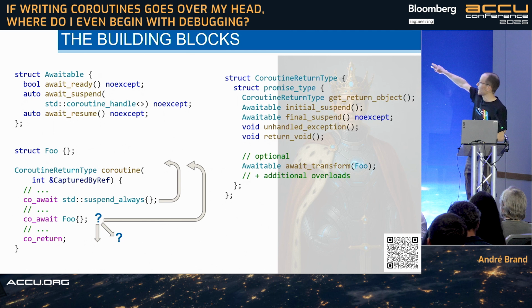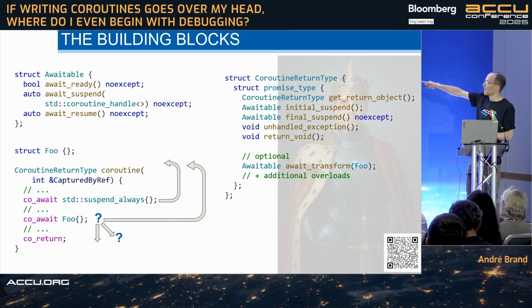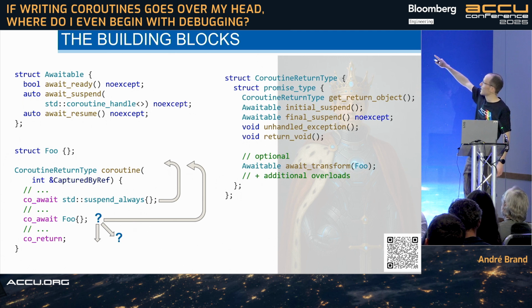And optionally, we can define these await transforms, so we don't have to co_await on the awaitables themselves, but have the context provide the awaitables for us. It is what the context provides for us anyway for initial suspend and final suspend. In this case, the compiler implicitly generates the awaitables here, and it also implicitly generates the co_await on these awaitables.